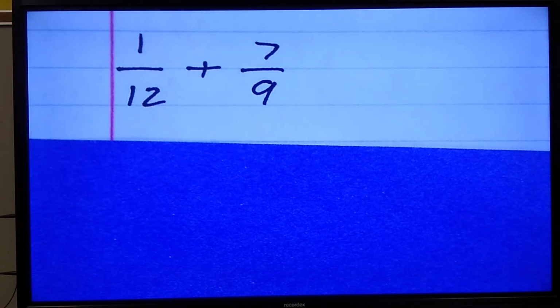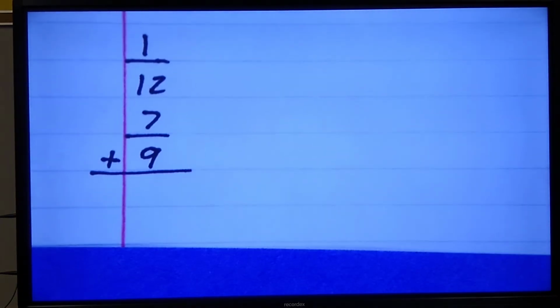Now, quickly, let's review how to add fractions. On your paper, solve this problem. Addition of fractions. Pause the video. All right, let's see how good you did.